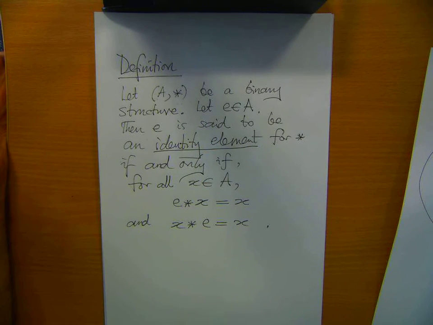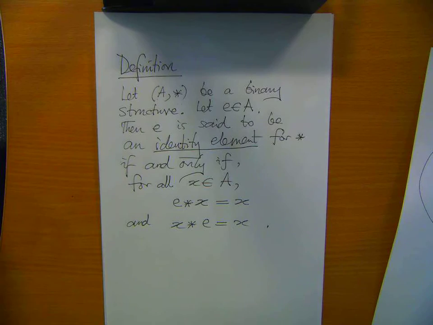Is there anything else which would play that role of 0? And the answer is no. There's only one element in the integers which has that property. And that's the uniqueness of the identity element. So there's no point trying to find another one. That's not perhaps immediately obvious. It does require a proof.